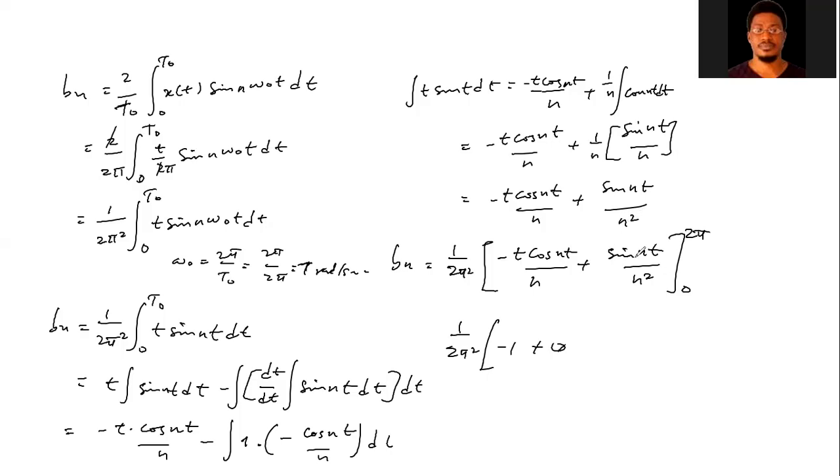Then sin 0 will also reduce to 0. So it's going to be minus into bracket 0 plus 0, right? So this will now give us minus, that's 0 over n, right? Minus 1 over n, right?